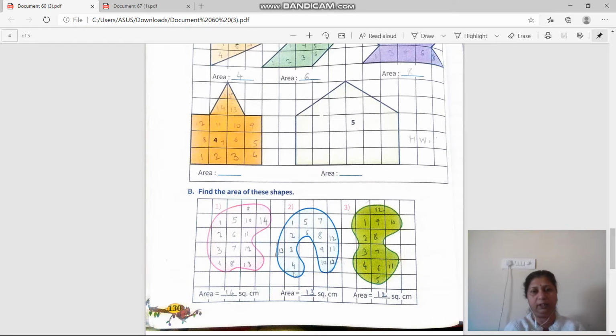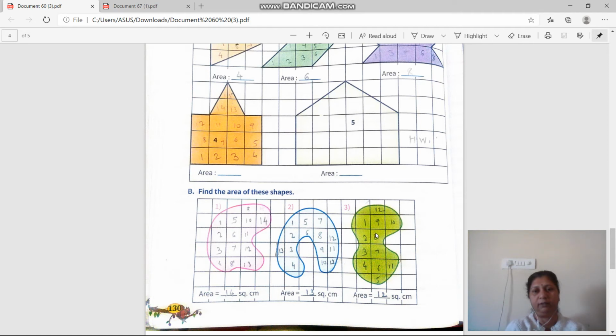Okay, so 1, 2, 3, then this, can you see this smaller one, okay, and this one. So we will not calculate this. Okay, now let's calculate 1, 2, 3, 4, okay, then 5, 6, 7, 8, 9, 10, this one 11, 12 and 13.